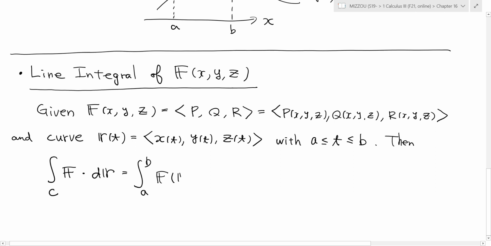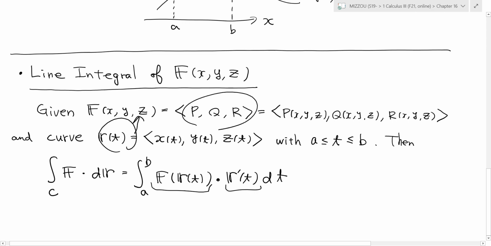You just plug the parameterization into the vector field and take the dot product with the derivative. This is a vector and this is a vector, because you plug in and get a vector here, and then you just differentiate each component. Taking the dot product, you get a scalar, just a scalar valued function of t. So you can integrate from a to b.